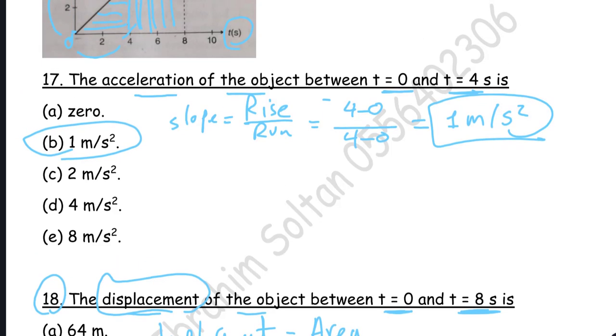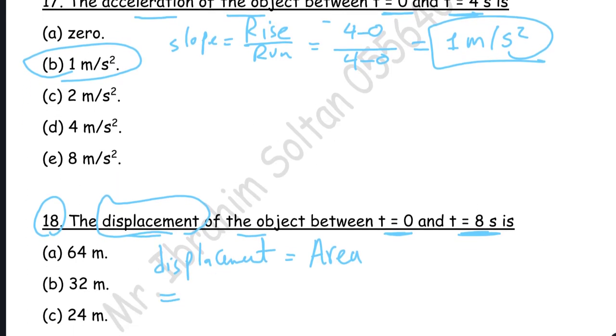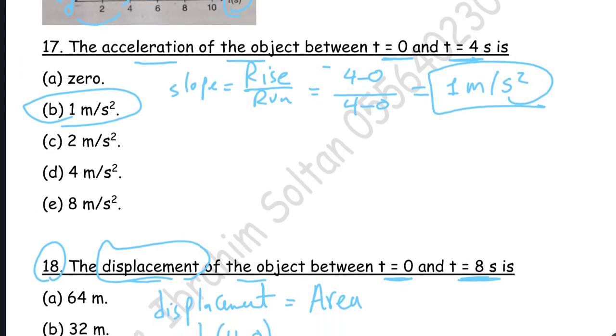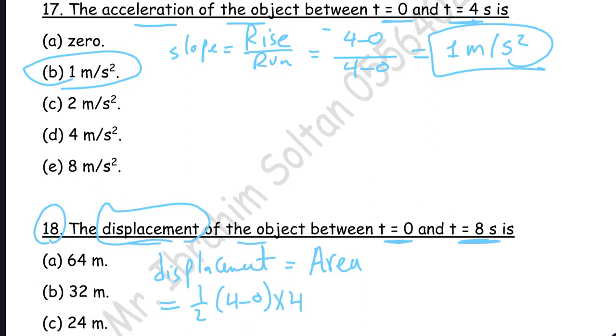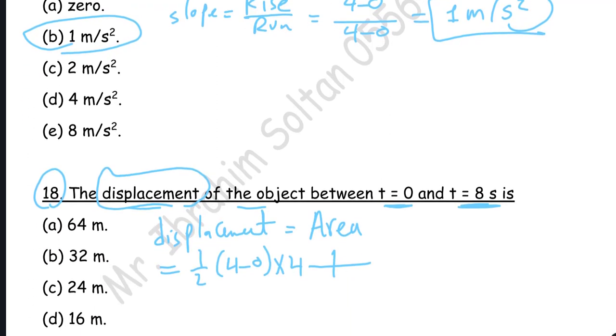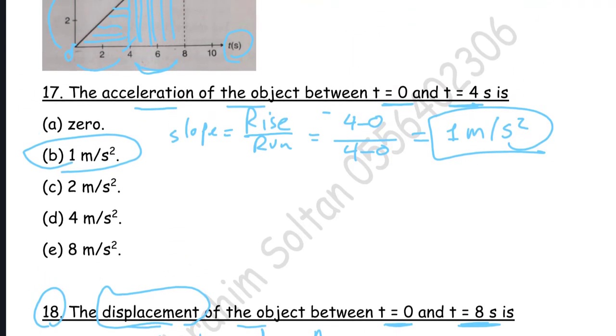The area of the triangle, half base, so half times 4 minus 0 times the height. The height is 4, plus the area of this square or rectangle, 8 minus 4. To calculate the area of the square or the rectangle, width times length.